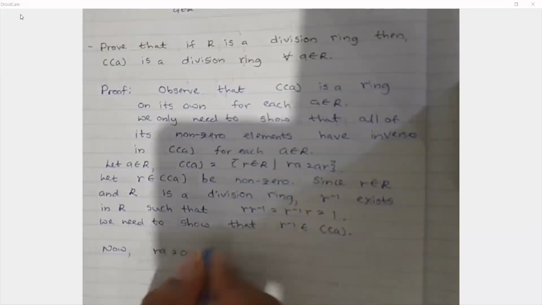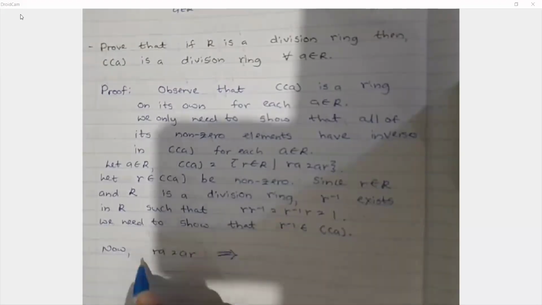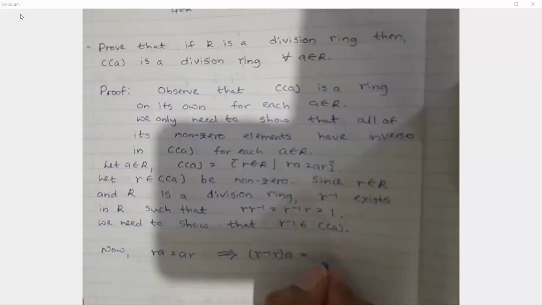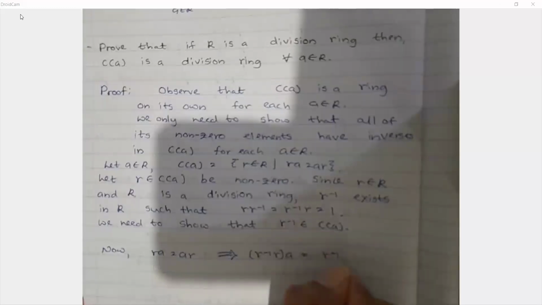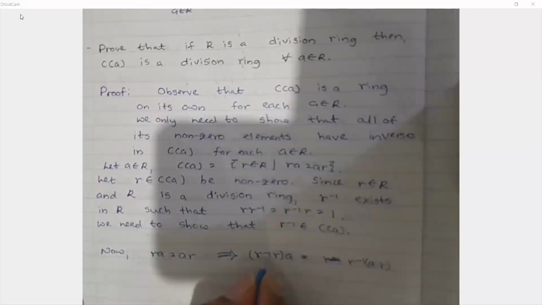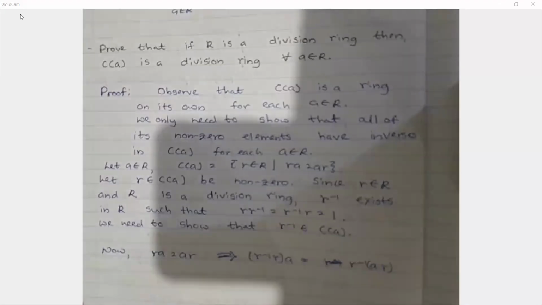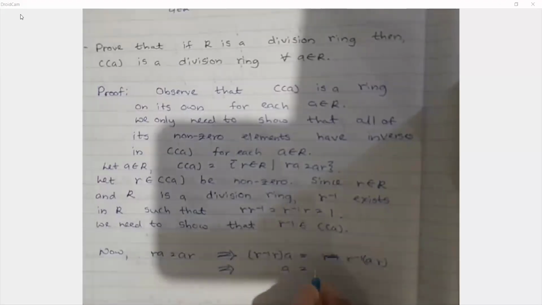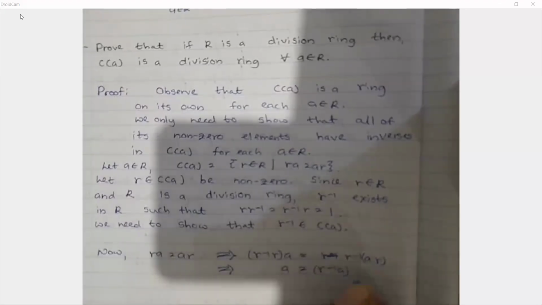And this implies, by taking R inverse on both sides on the left, using the associative property, R inverse R times A equals R inverse A R. R inverse times R is simply 1, the unity. 1 times A is A by definition of the multiplicative identity 1. This, using the associative property, I will write as R inverse A times R.